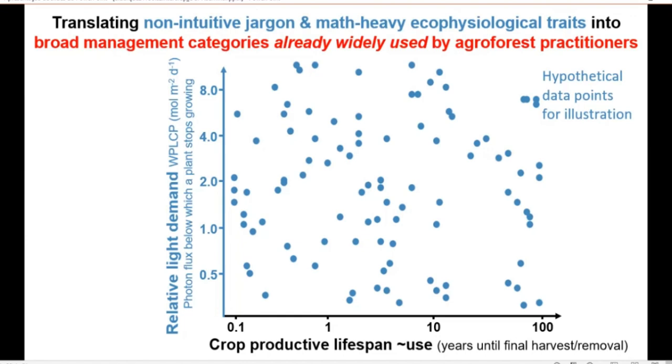Now, one of the big challenges is to access data on some of those traits. Especially, we're interested in the shade tolerance, or conversely defined as relative light demand. So the inverse of shade tolerance would be relative light demand. How do we know this for other species that are less widely known, not as widely known as coffee, cacao, and so on?